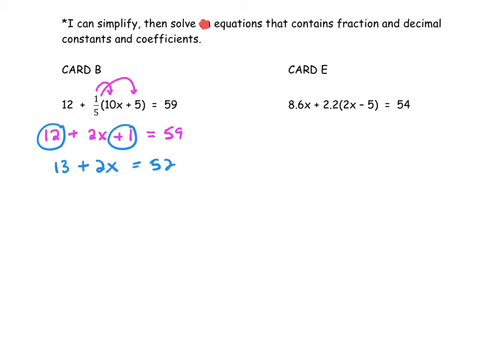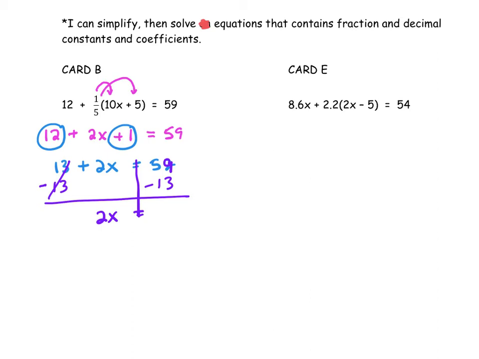So I'm going to first eliminate the constant. I'm going to take away 13 on both sides of the equation. And I have 2x left, positive 2x on this side. And on this side, oops, I wrote this as 50. My apologies, it should be 59, not 52.